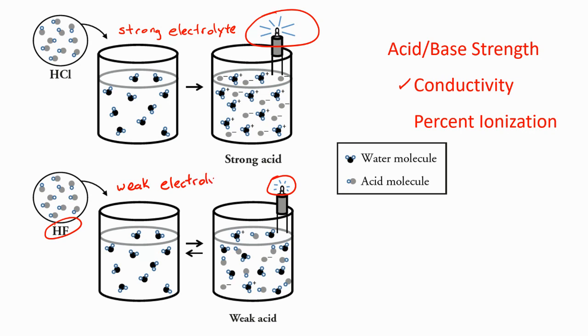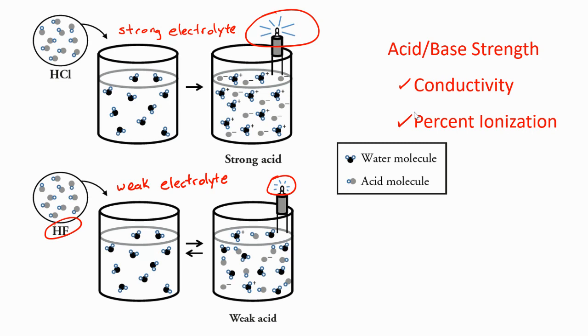So the question becomes, what makes something a weak or a strong or a non-electrolyte? It really has to do with something called percent ionization. How well does a particular acid, in this case, ionize when we put it into water?